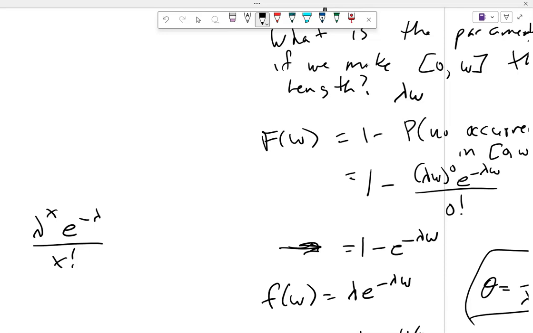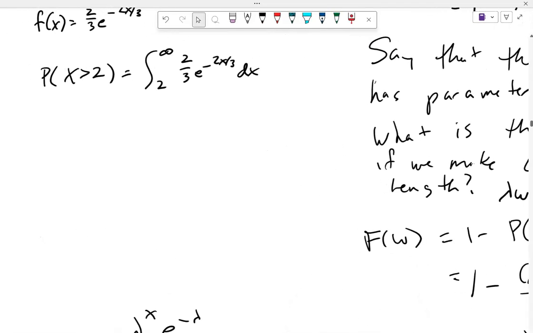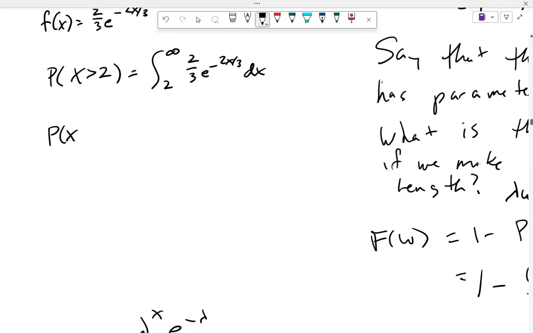Why don't I just write it in terms of the distribution function? So going back over here, the probability that x is greater than 2 is 1 minus the probability that x is less than or equal to 2. And that's a statement about the CDF, isn't it? We've accumulated probability up until 2.